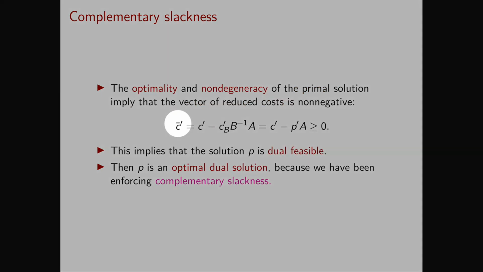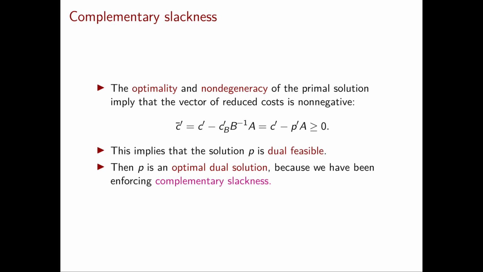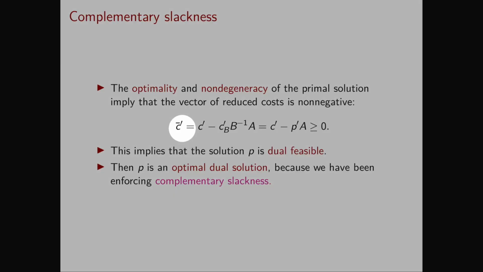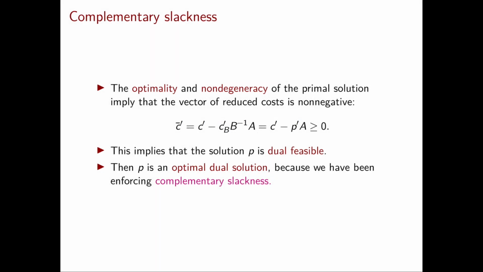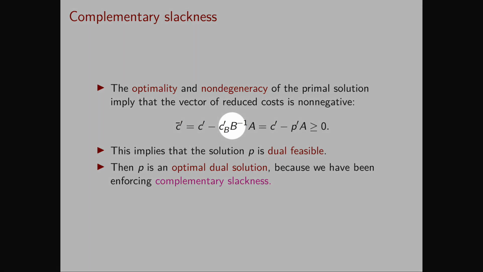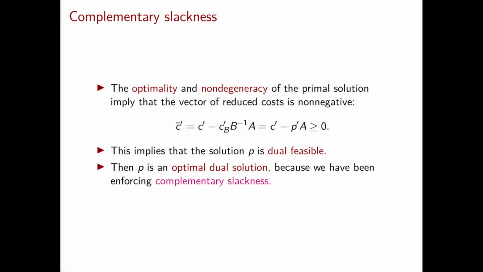To do so, we use the fact that the reduced costs are greater than or equal to 0. And this holds because our primal solution is optimal and non-degenerate. Now if we write our definition of reduced costs, we obtain that c transpose minus cB B inverse A is greater than or equal to 0, and in this formula we have cB transposed B inverse, which is exactly the transpose of our dual solution that we just obtained.